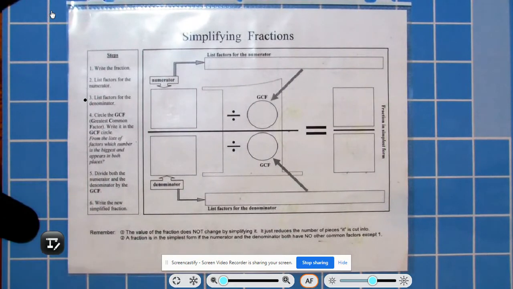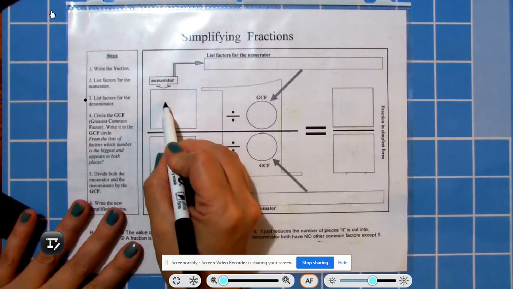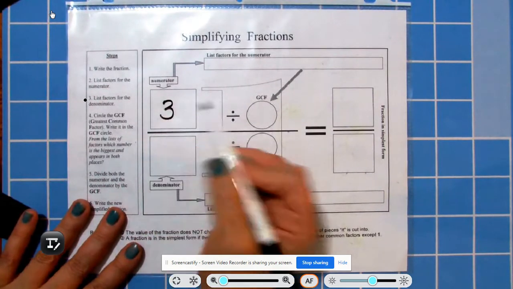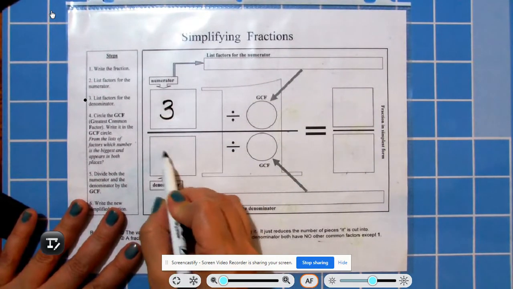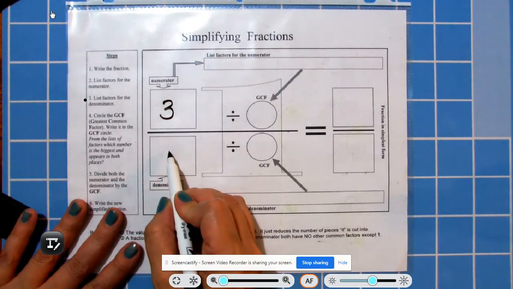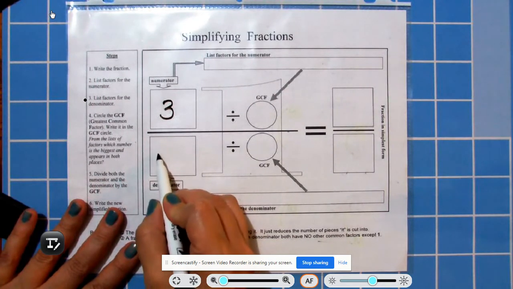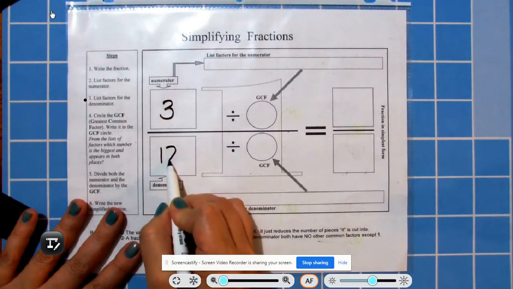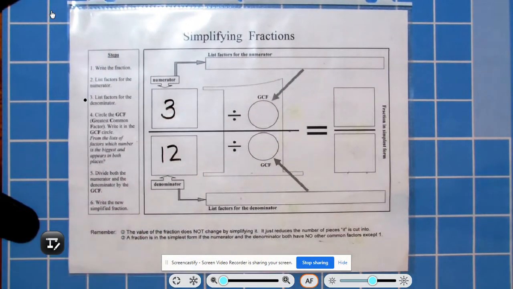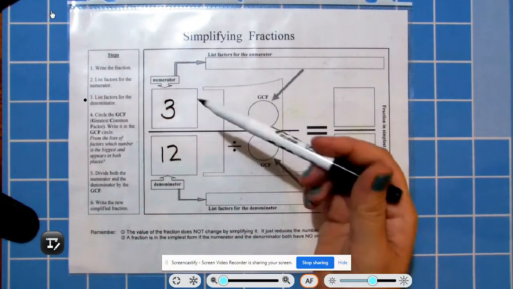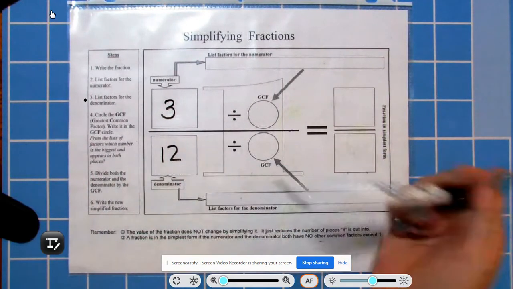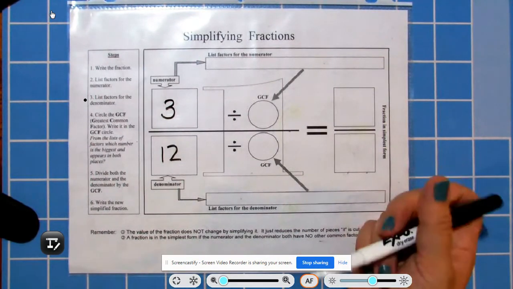Just do the best with what you have. Let's do 3/12. Now, 3 is a factor for 12, so we could just see how many times 3 goes into 12 and simplify it that way.